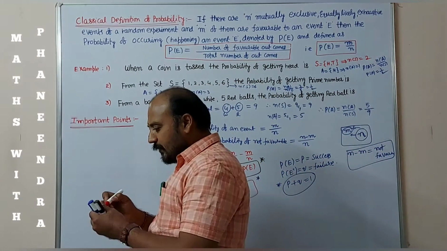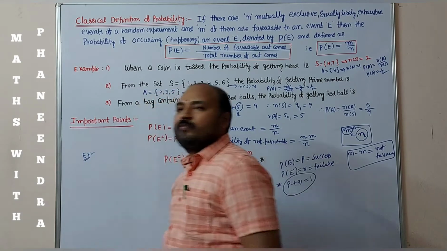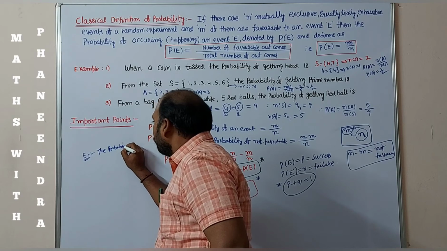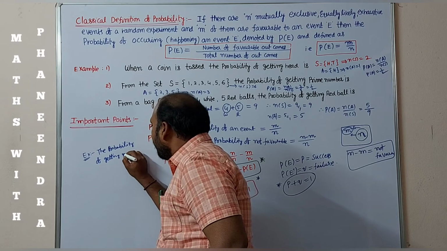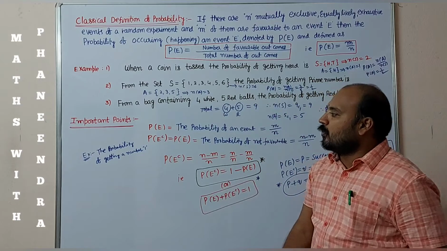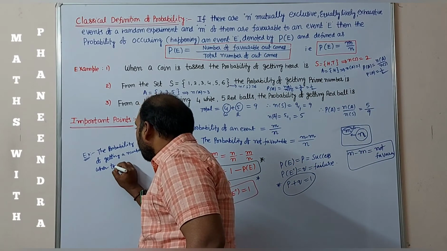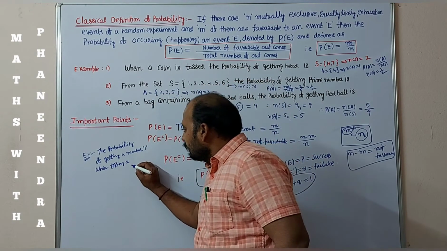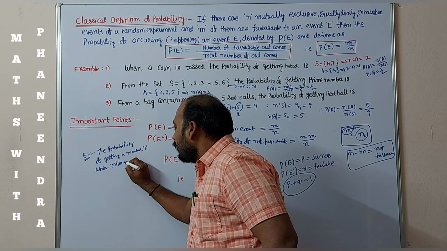So S is the sample space. For example, I am saying the probability of getting a number 1 when throwing a die, or rolling a die.